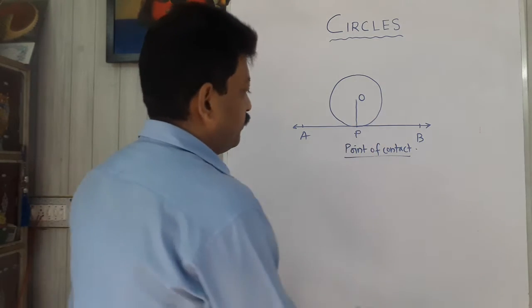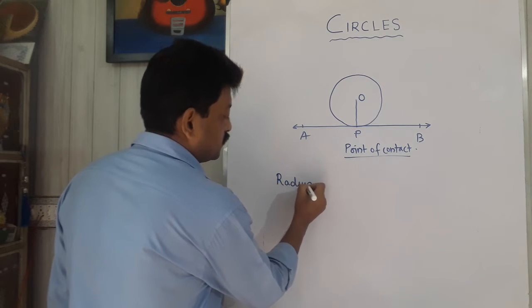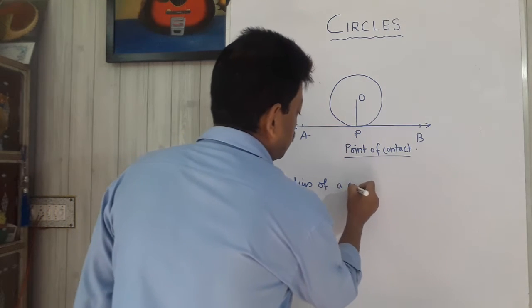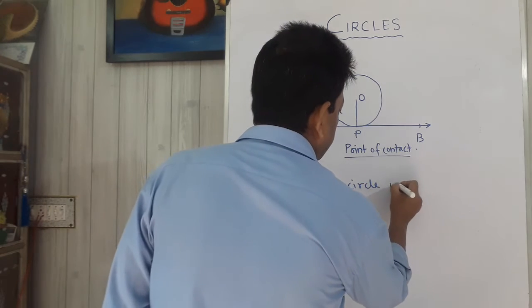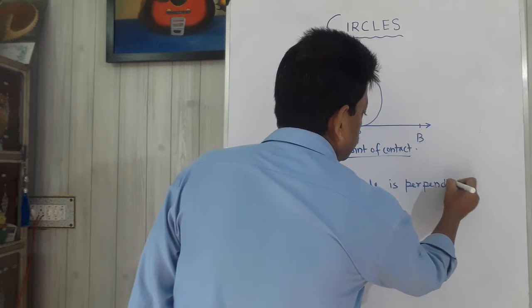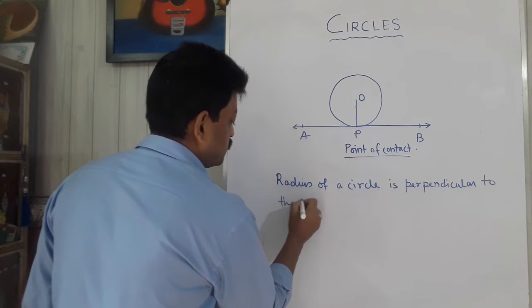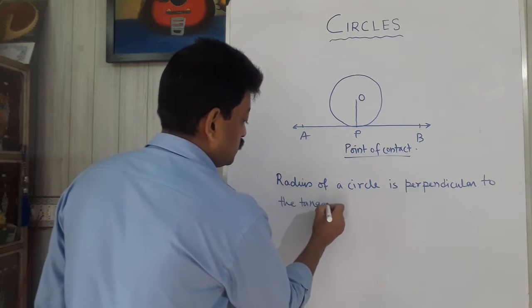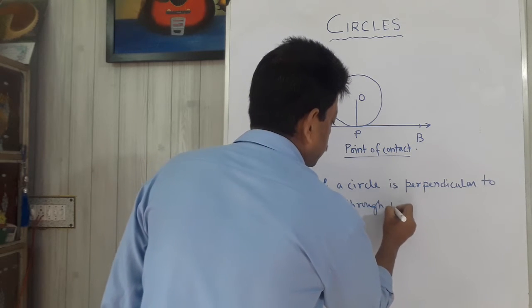That means it is said that the radius of a circle is perpendicular to the tangent through the point of contact.